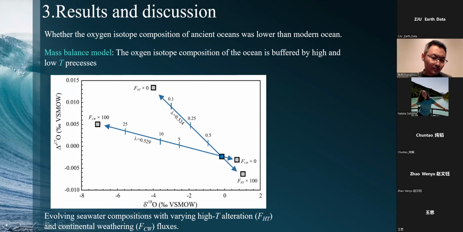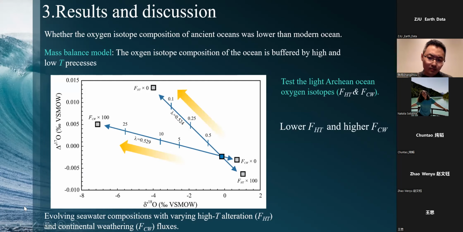We can see that if you want to get lighter Archean ocean oxygen isotopes, you have to get a lower high temperature alteration flux and a higher continental weathering flux. But how do you get such lower and higher fluxes in this paper?